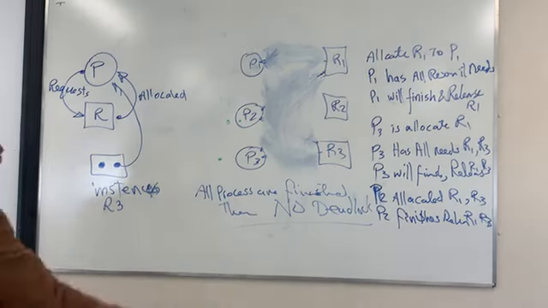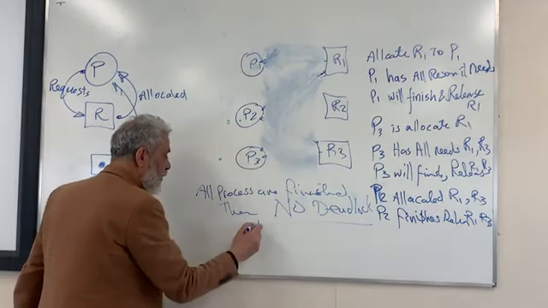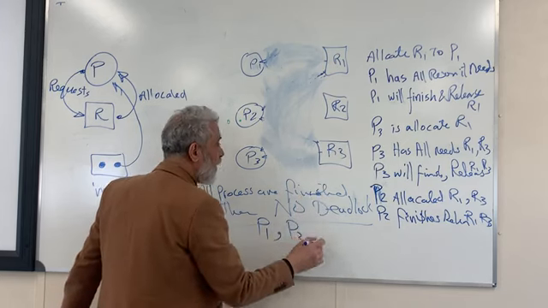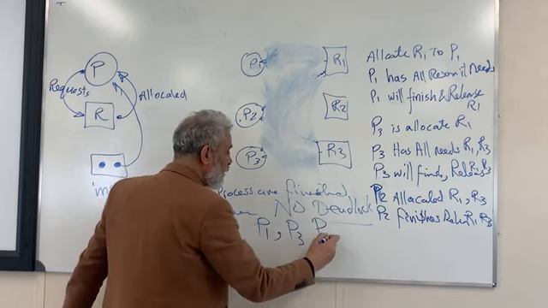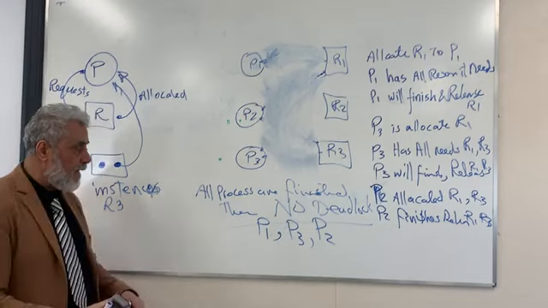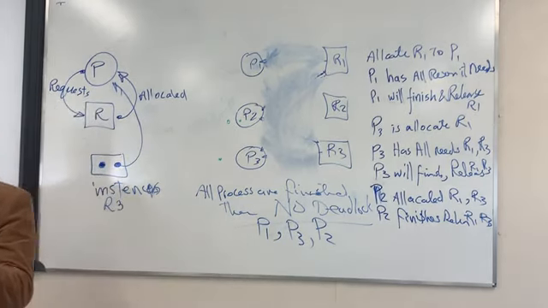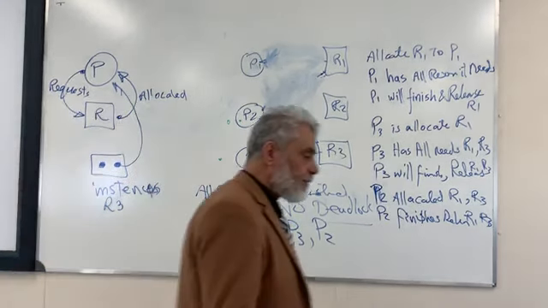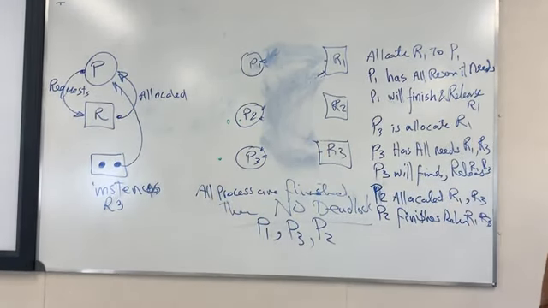We finish P1 first, followed by P3, followed by P2. It doesn't work if it's P1 then followed by P2. We have to finish P1 first, then P3, then P2. So you need to give this correct sequence. Any questions?